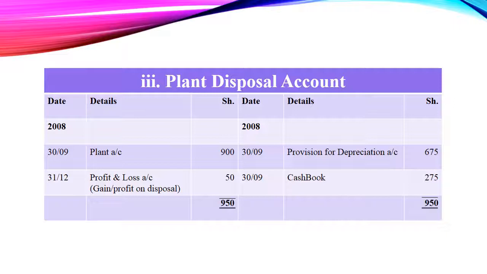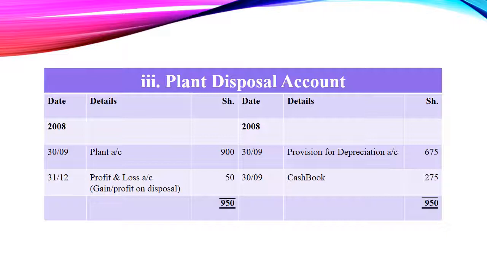The third item that we were required to prepare is the plant disposal account. The plant disposal account is an account that comes about when we sell or dispose of an asset in the various ways that we looked at the beginning of this tutorial.